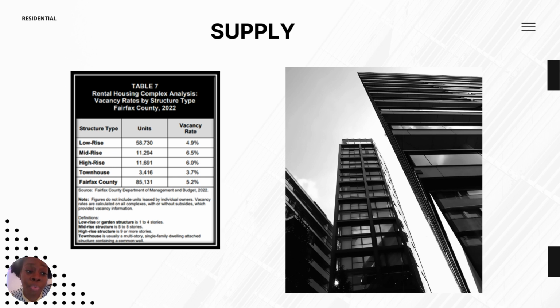So also, I used the county information and some brokerage information on developments that are in the pipeline.